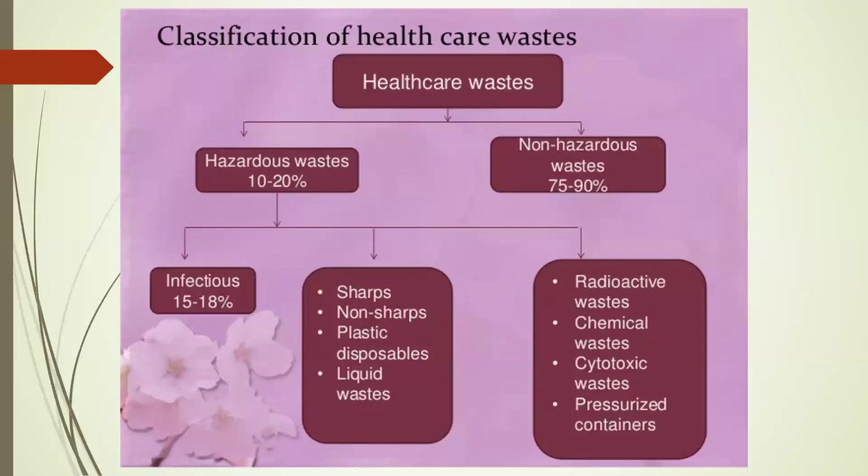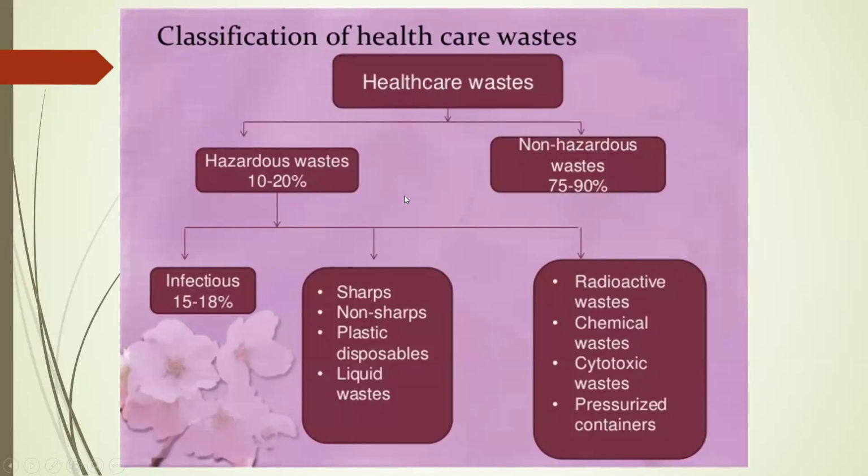Classification of healthcare waste. This flowchart illustrates the classification of healthcare waste, dividing it into major categories based on their potential risk. So, healthcare waste is broadly classified into two main types: hazardous waste, which is 10 to 20%, and non-hazardous waste, which is 75 to 90%.